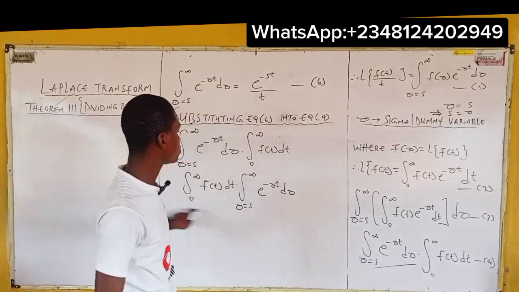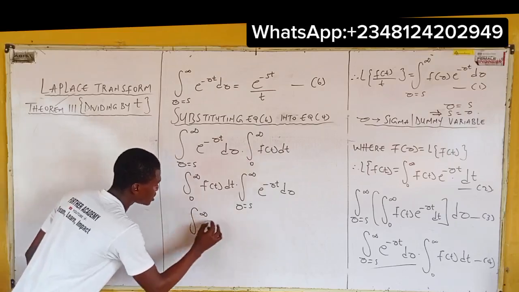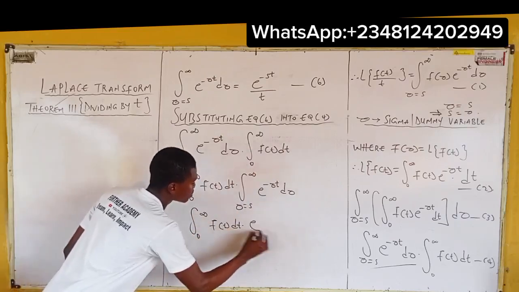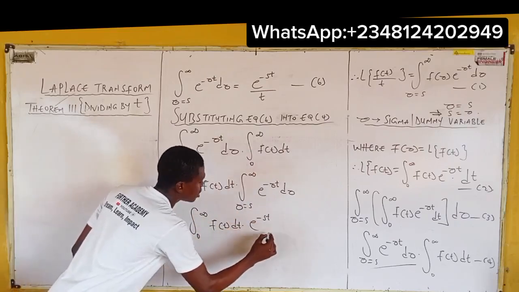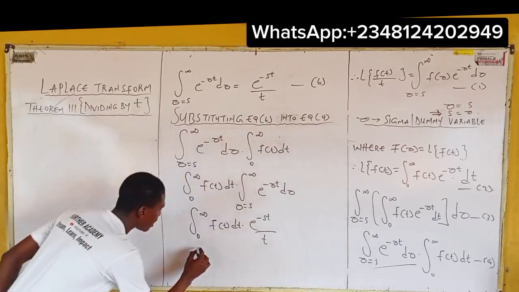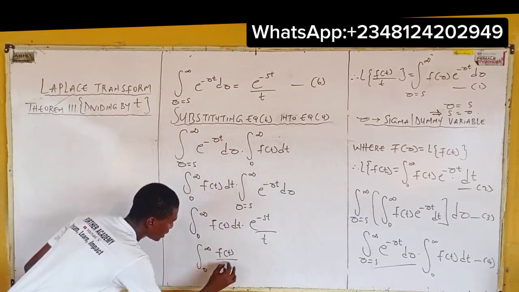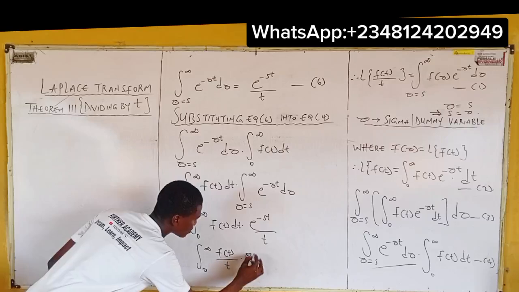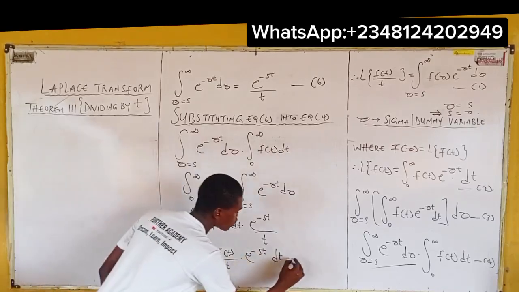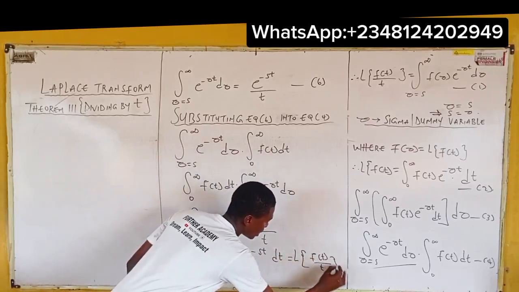Substituting equation 6 into this integral function, this gives us the integral from 0 to infinity of f of t dt multiplied by exponential negative st over t. Observe that we have the integral from 0 to infinity of f of t all divided by t multiplied by exponential negative st dt, which is equal to the Laplace transform of f of t all divided by t.